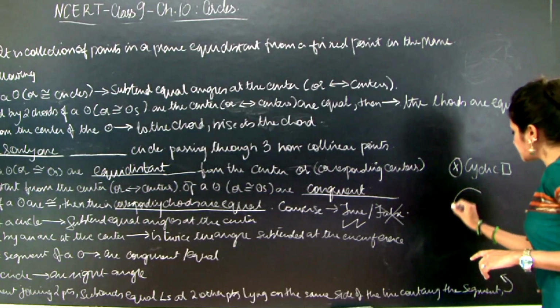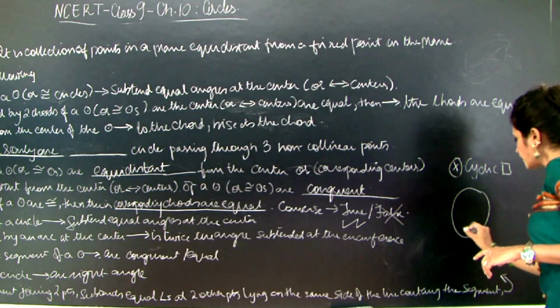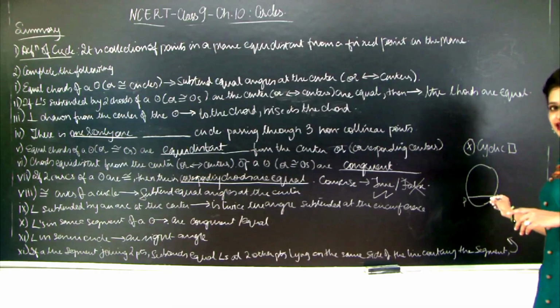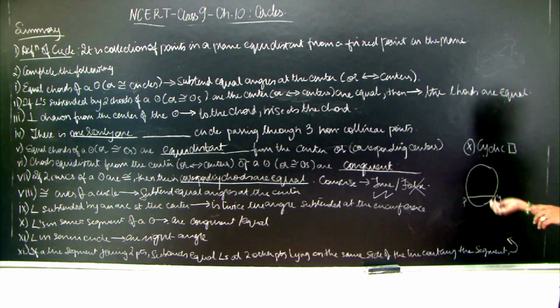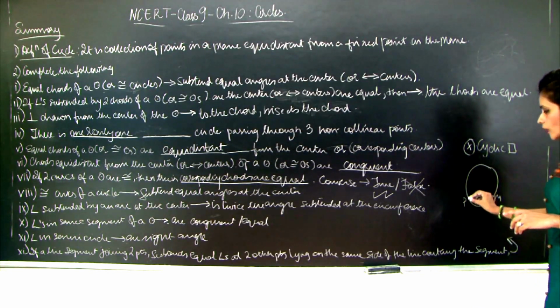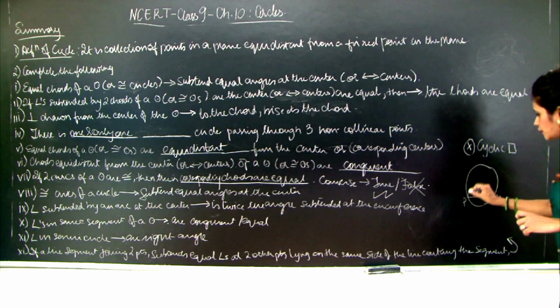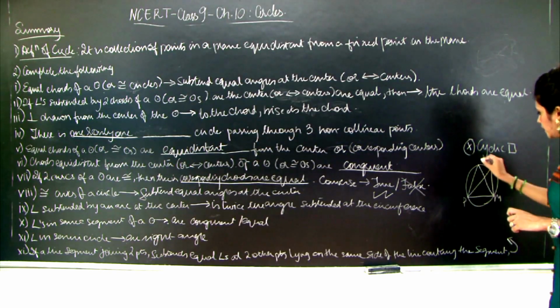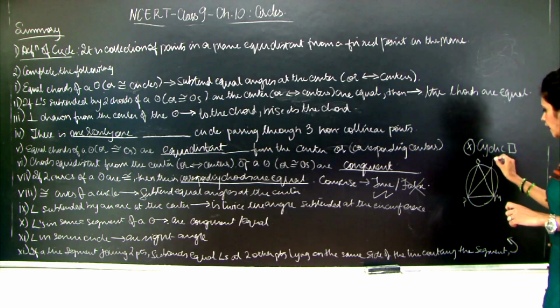So if I have my circle with chord PM connecting two points P and M, and PM is subtending two angles on the same side of the line segment, let's say angle POM and PRM.